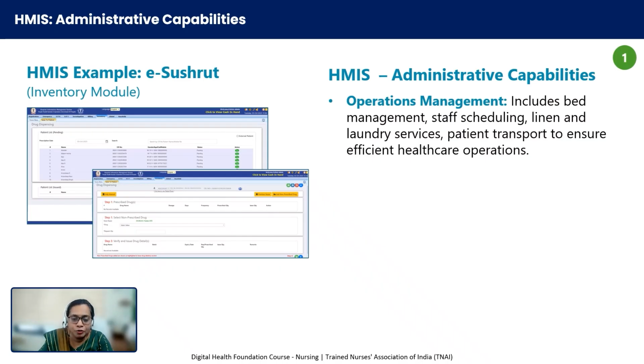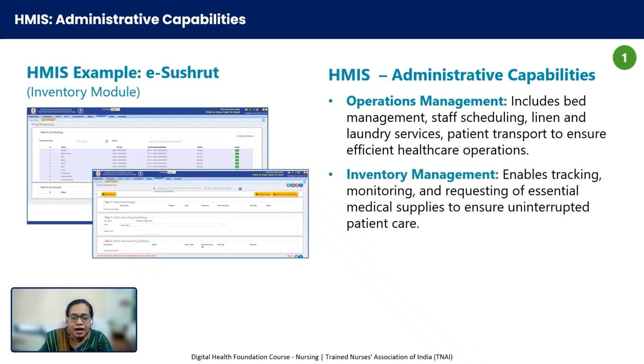The second one, with which we are also acquainted, is inventory management. With inventory management, we ensure medical supplies and equipment are tracked accurately, so nothing runs out unexpectedly or we don't encounter an out-of-stock position.